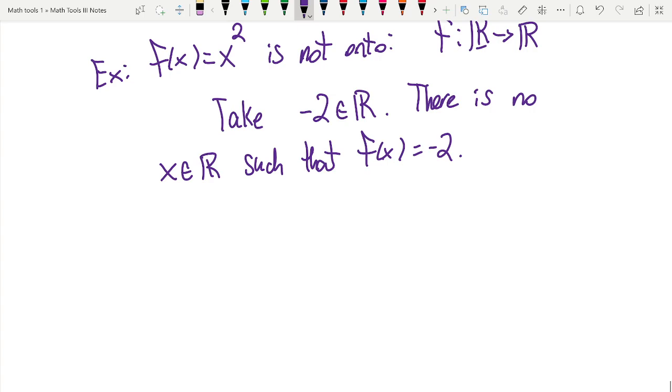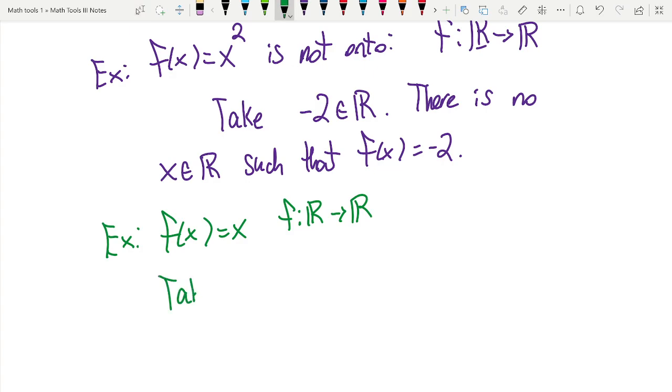So what is an onto function? Well, the simplest example again would be f of x equals x. Here f is defined from R to R as well. So we know that the range, as we would formally call it, is negative infinity to infinity. The codomain is the same thing. So we should be able to show that it's a surjection.